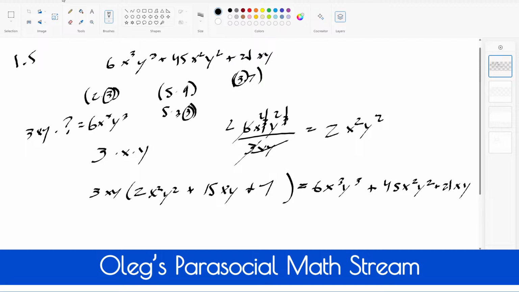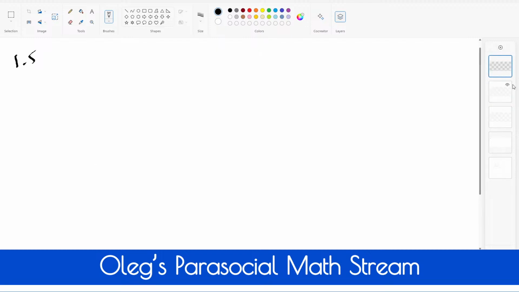All right, so we're gonna go with try it number 1, x times b squared minus a plus 6 times b squared minus a. So we want to factor this by pulling out the greatest common factor. So in this case, what you can do is notice that b squared minus a is the greatest common factor.